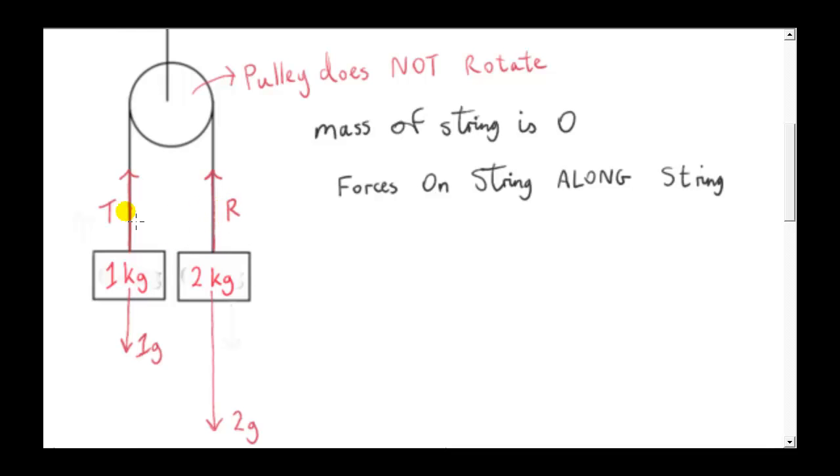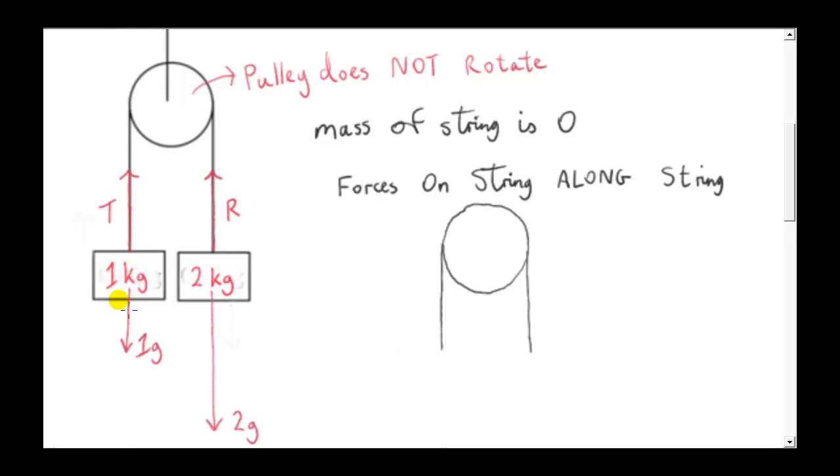Now to show that these two forces have the same magnitude, we will consider the forces on the string. So here we're showing the forces on the masses. Okay, so here I'm showing the string again, and we apply Newton's third law to this part of the string.